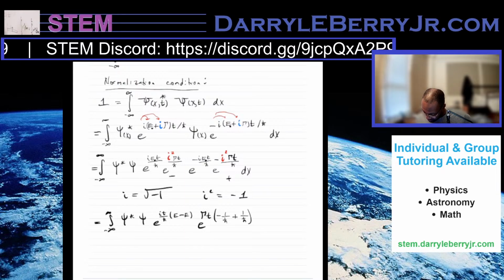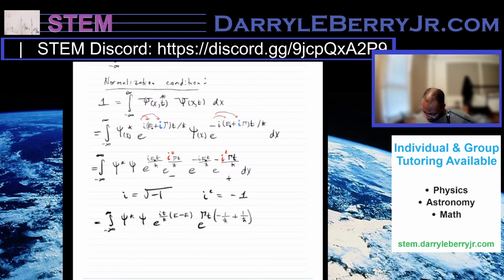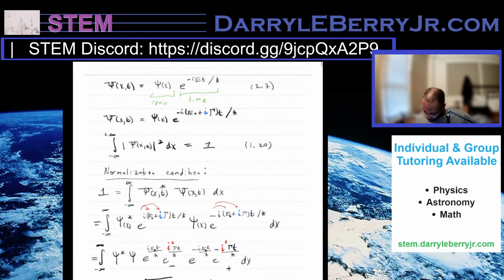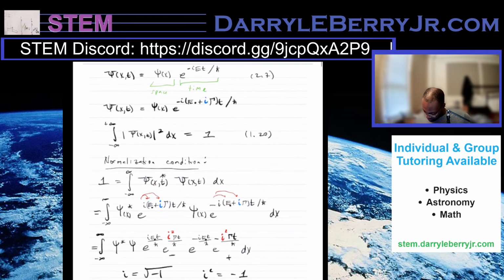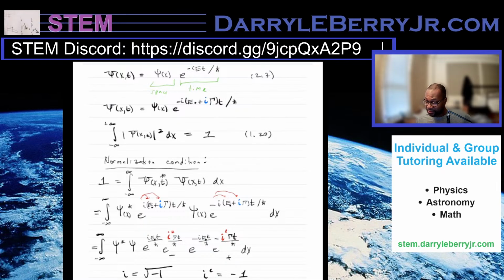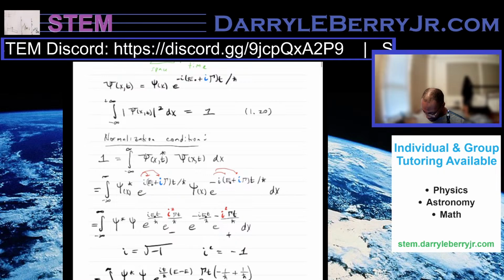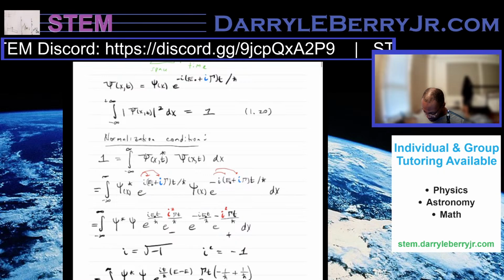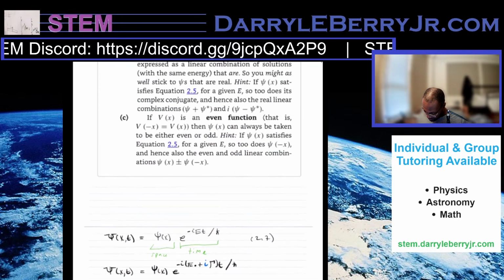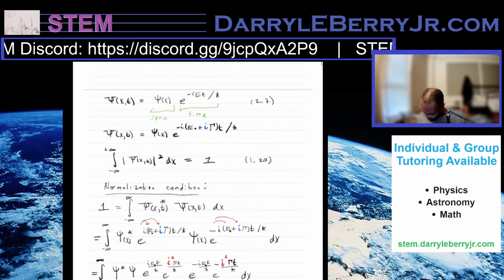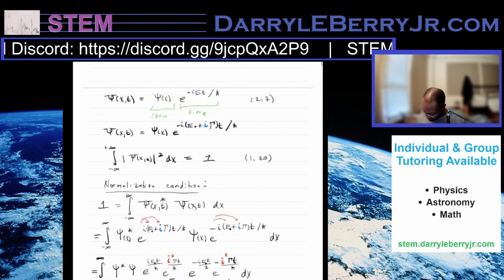So let's see what I'm missing here. So the complex conjugate on the left side takes a negative away. So that becomes positive. Okay, that's what it is.